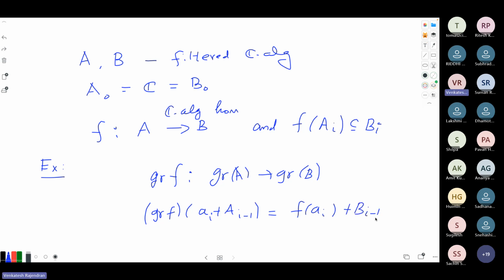This map is indeed a map between graded algebras, that means a C-algebra map that also maps the i-th graded space to the i-th graded space. So verify that gr f is a C-algebra graded homomorphism. These are all easy to verify.